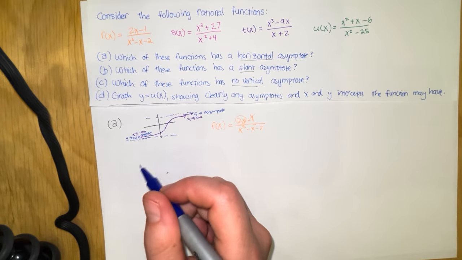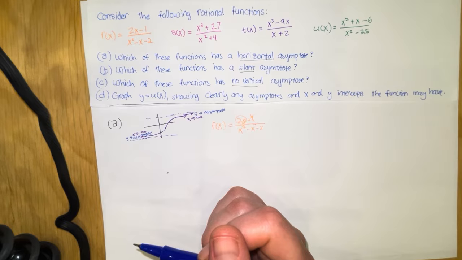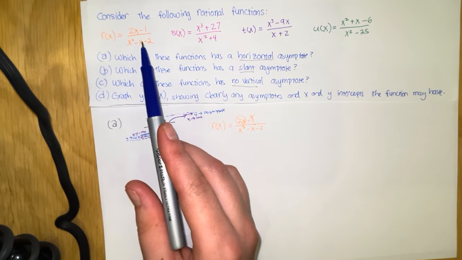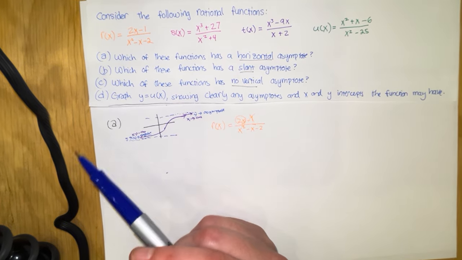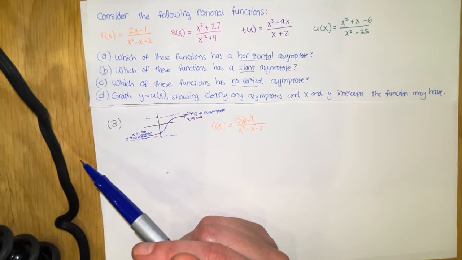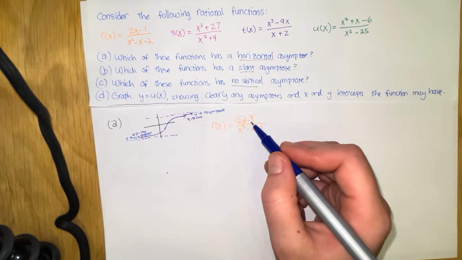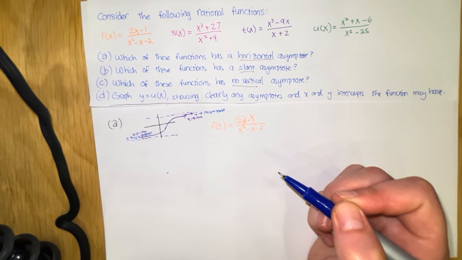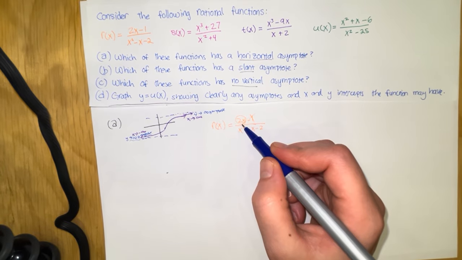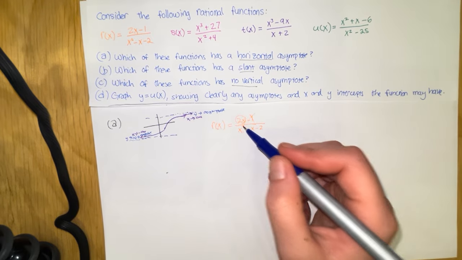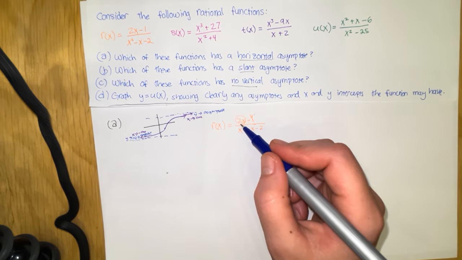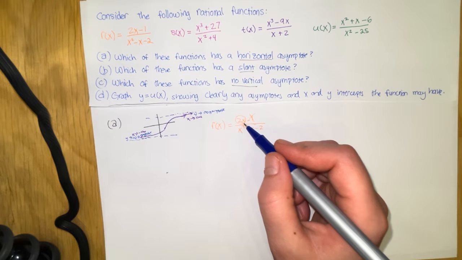So we have to check, do any of these functions actually approach some y value as the x gets bigger and bigger? So looking at r of x, we have 2x minus 1. Imagine x is 1 million. 2 million is going to be pretty much the same as 2 million minus 1.